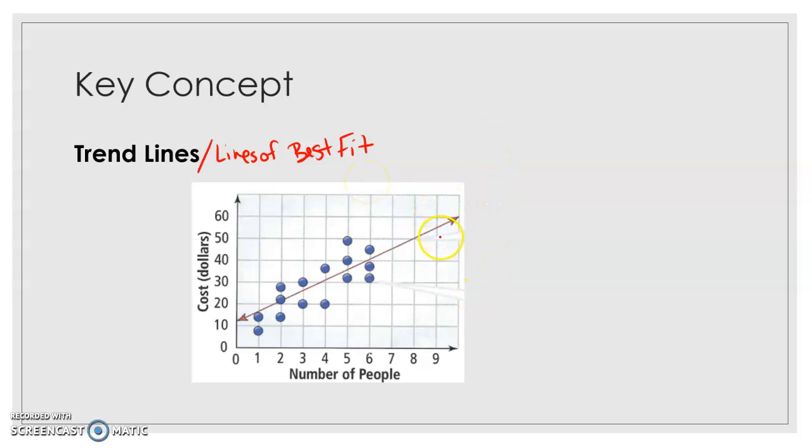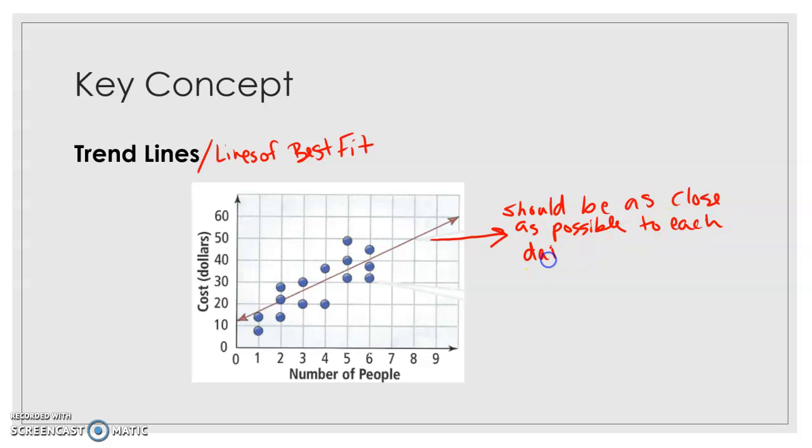So as you can see, there were little speech bubbles that I cut off. This first little speech bubble talked about the fact that these trend lines, these lines of best fit, should be as close as possible to each data point.